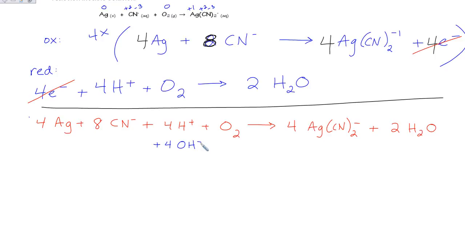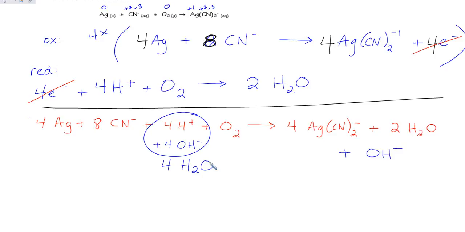So you look for the hydrogen. You'll add the same amount of hydroxide to both product side and reactant side. Now here's what happens. These 4 hydrogen and 4 hydroxide, they're going to react together to form 4 water molecules.